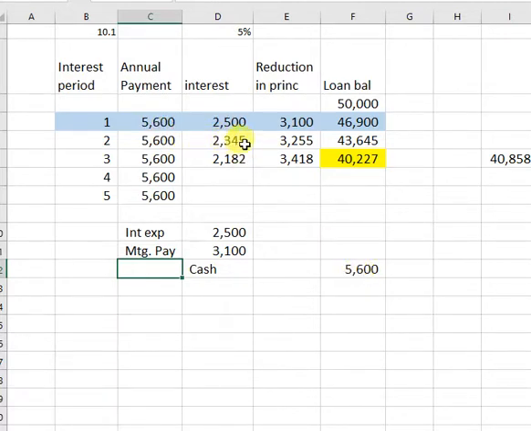My interest expense would be $2,345. My reduction in mortgage payable would be $3,255. The third year it would be $2,182 interest, and the reduction in principal is $3,418, and again it's $5,600. So that should help you with exercise 1 and 6.